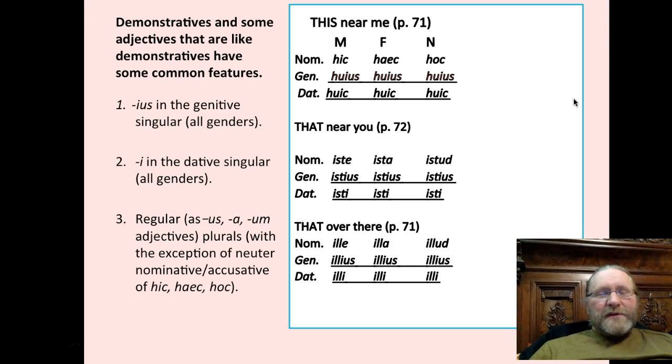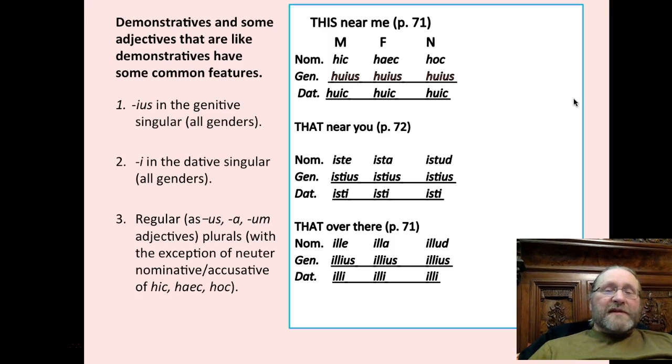In declining, what's particular about demonstratives, and we're going to see this in several kinds of pronouns and other words that work like demonstratives, is that they have ius in the genitive singular and i in the dative singular for masculine, feminine, and neuter. And I've put the first three cases up here on this slide for you to see what I mean.